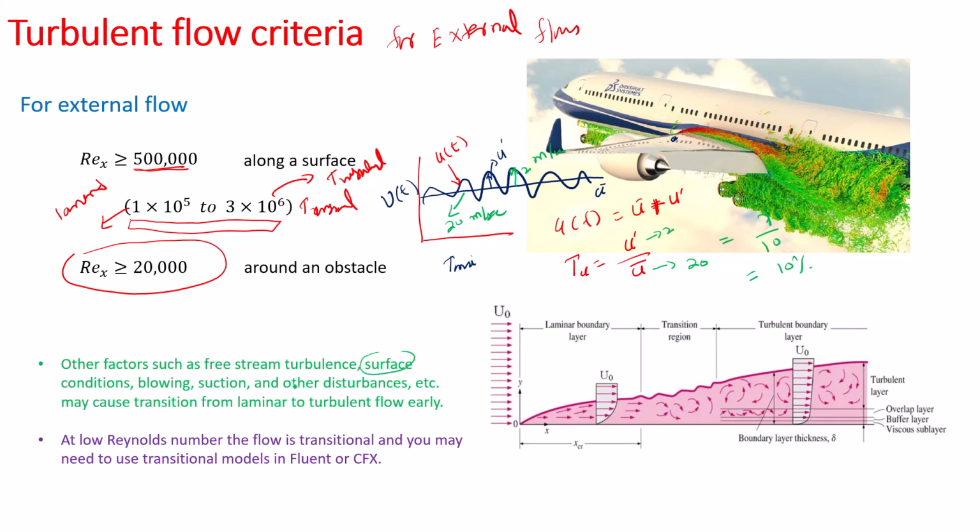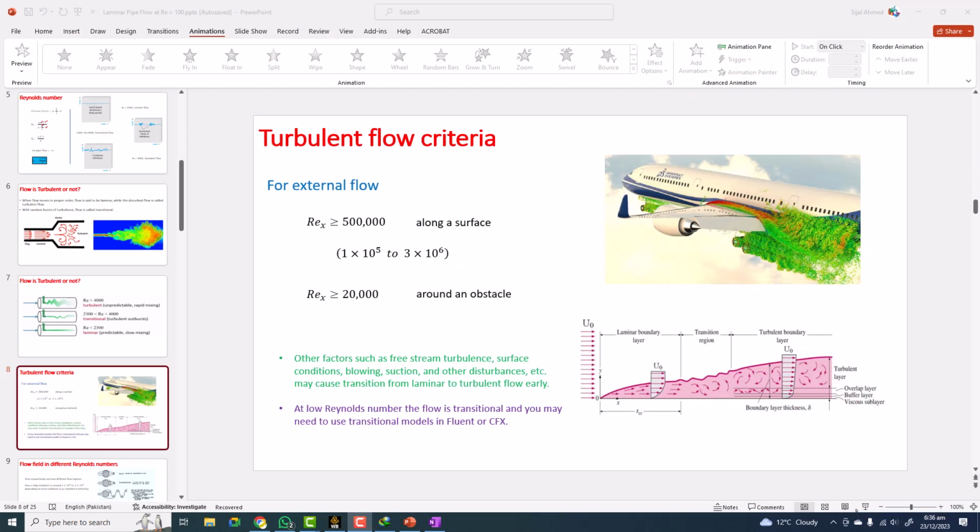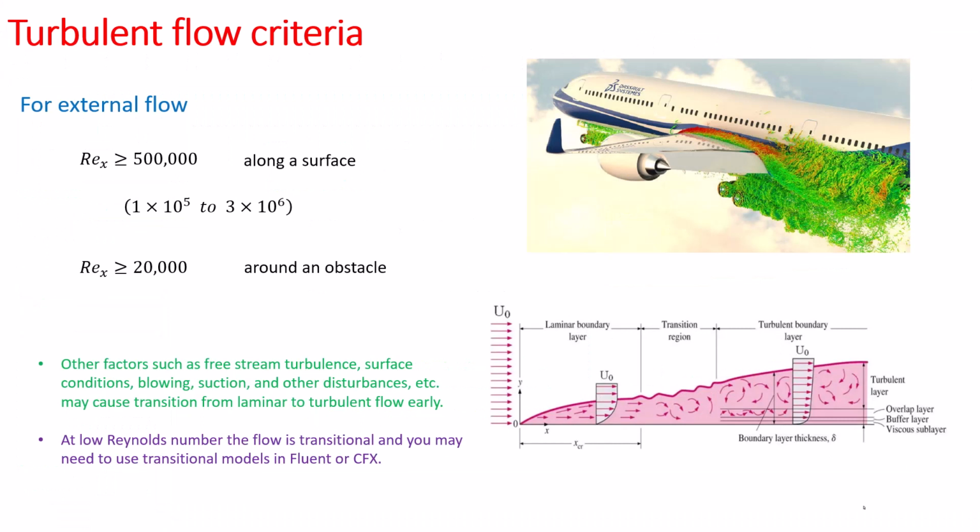Surface condition also determines whether the flow will become turbulent. Definitely, if the surface is rough, the flow will become turbulent very early. And there are many other things that can disturb the flow. For example, this is the surface and the flow is flowing over it.